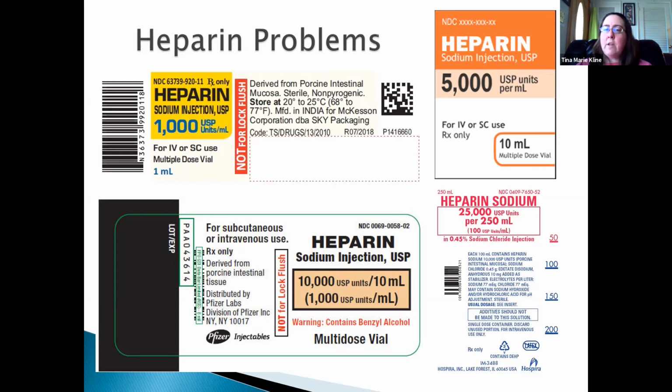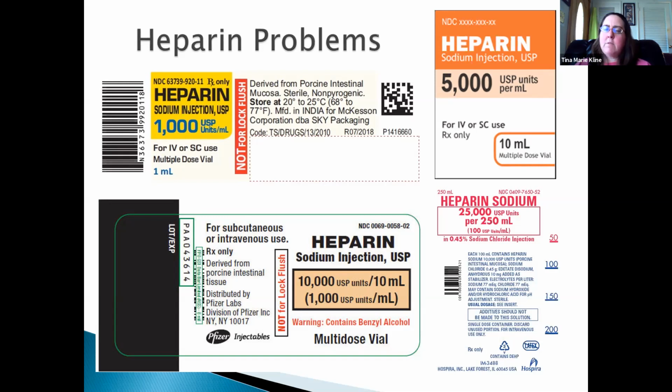The other label that's on the screen there, that heparin sodium 25,000 units per 250 milliliters, that is for the actual IV drip of heparin. I will tell you the label that's up there is the most common concentration of heparin. However, I have also seen 50,000 units per 250 mLs.